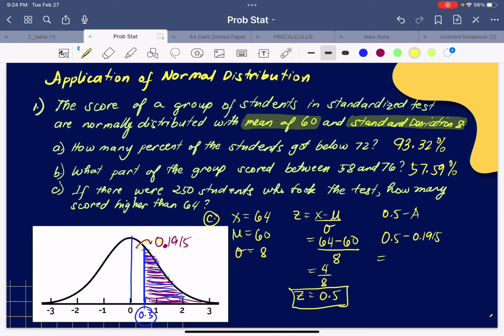If we're going to subtract, that is equivalent to 0.3085.